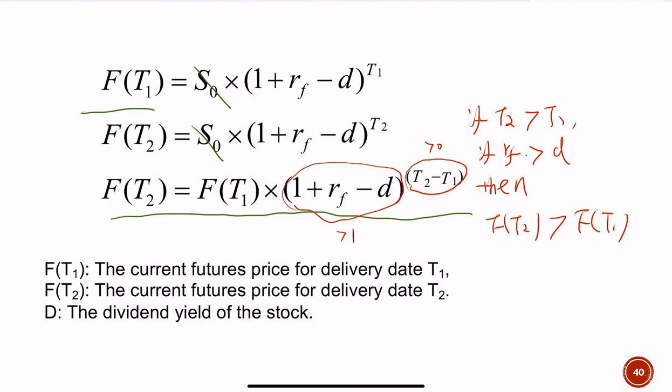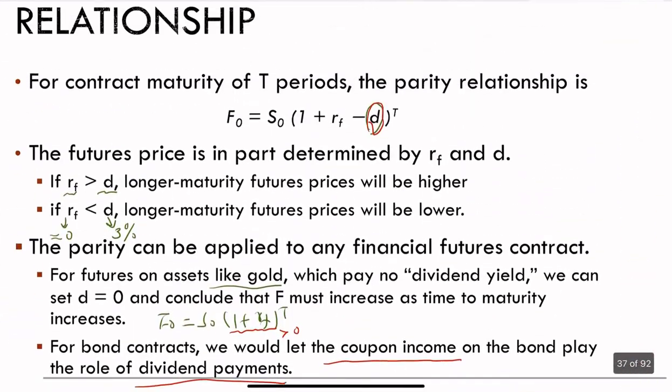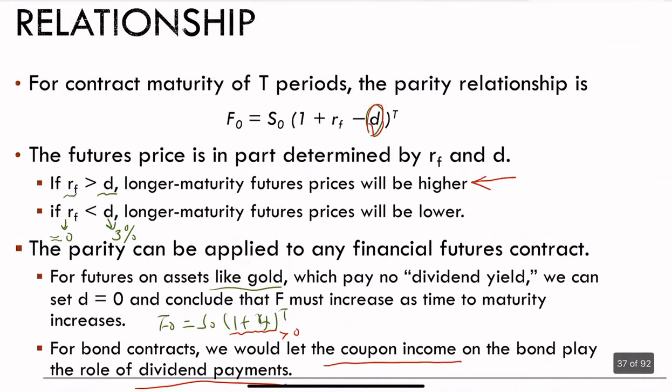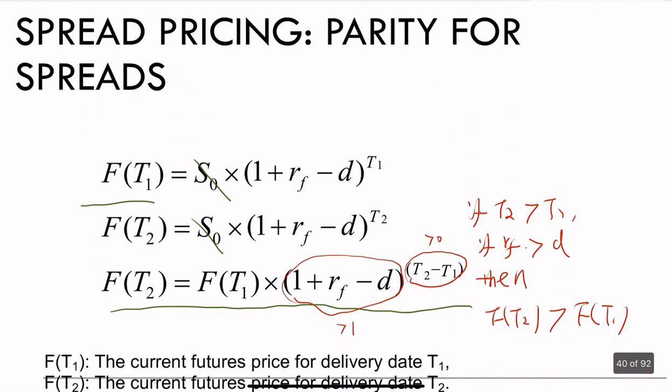This basically says that if the risk-free rate is larger than the dividend yield, then a longer dated futures should have a higher futures price. Right? So it's exactly the same result we got here. This is natural because this so-called spread pricing formula is completely based on this parity theorem.